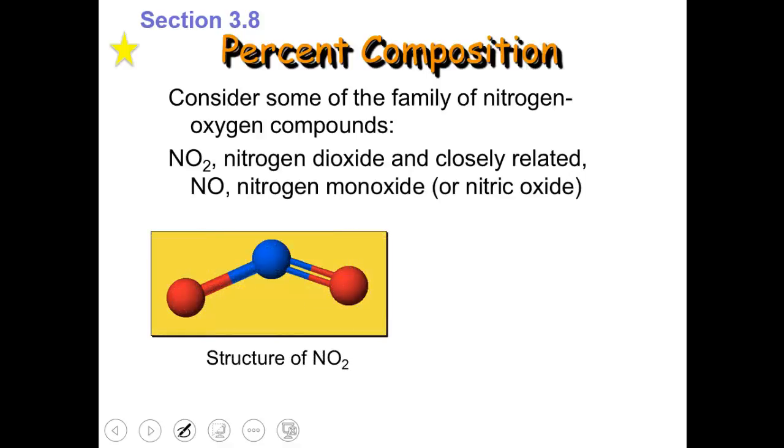So here's the structure of nitrogen dioxide, and we'll see that there is a double covalent bond. And so they're actually sharing 4 electrons between the nitrogen, which is the blue atom, and oxygen, which is the red atom. Whereas on the left-hand side, there's a single bond, and so there's only sharing a pair of electrons to the other oxygen.